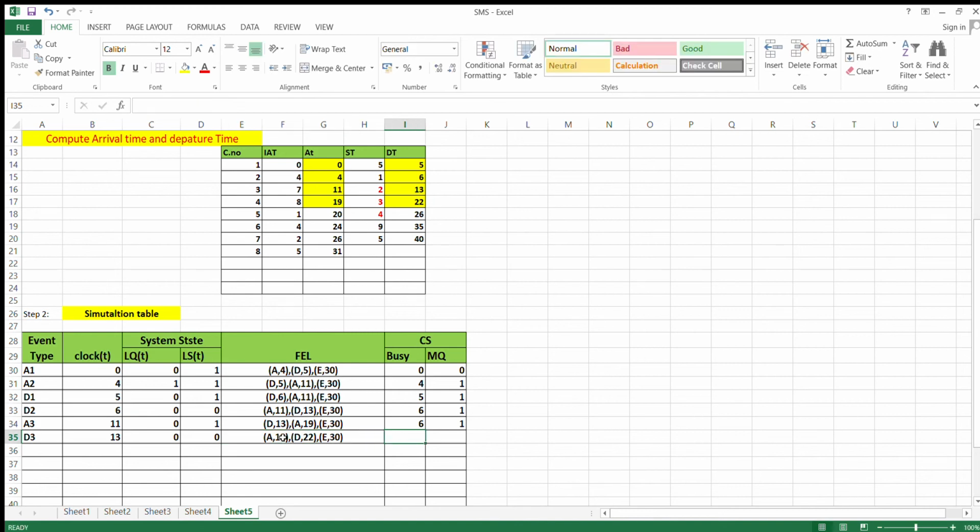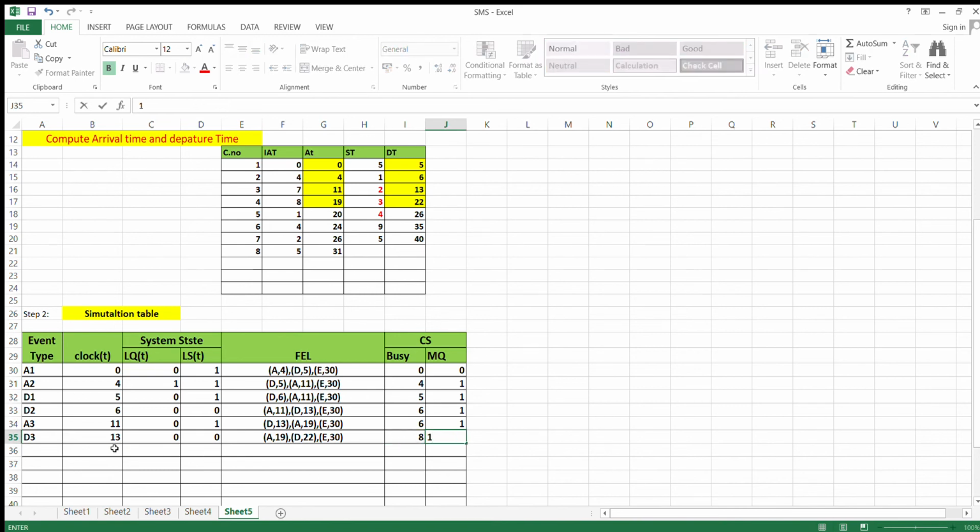So calculate busy time: departure 13 minus 11, 2, plus 6, 8. So maximum queue is 1.